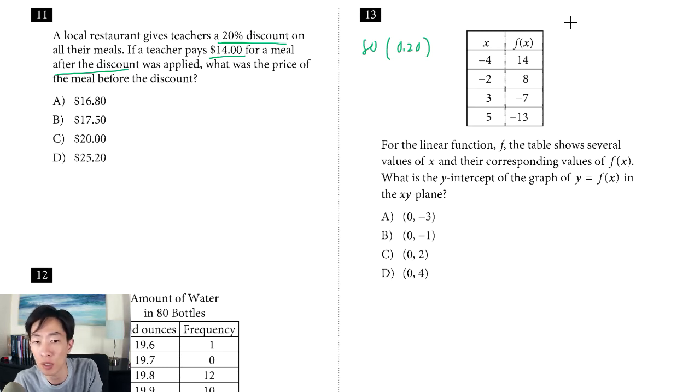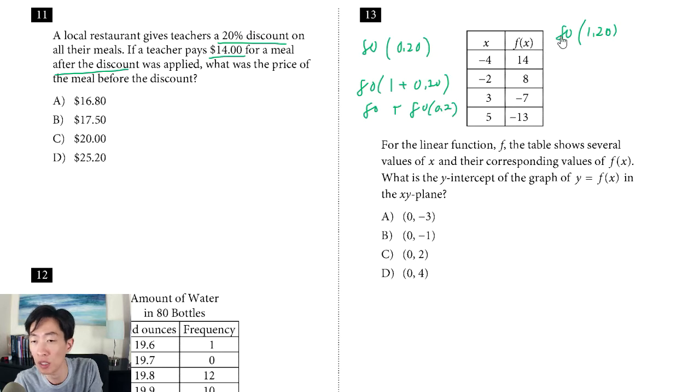The way the SAT wants you to know how to do this is take the original price, instead of multiplying by 0.2 and adding it back on, multiply by 1.20, because what that does is you're accounting for the original 80 and then you're adding back on the 20, because you can break this up by saying that's the same as 80 times 1 plus 0.2, which is 80 plus what we did up here, 80 times 0.2.